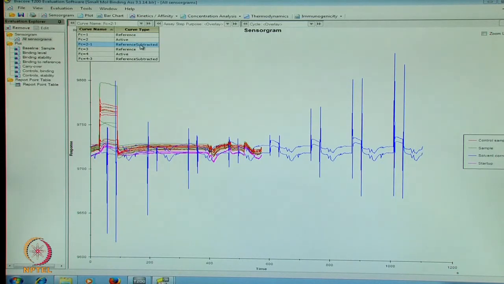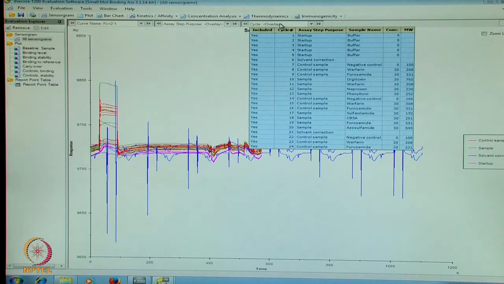Again we have a reference subtracted surface 2 minus 1 and we have the reference surface 3, again an active surface for the carbonic anhydrase and the reference subtracted 4 minus 3 surfaces. When we go here on the overlay, we see startup cycles, solvent correction, negative and positive control samples and various samples that were injected on the surface of the two active ligands.